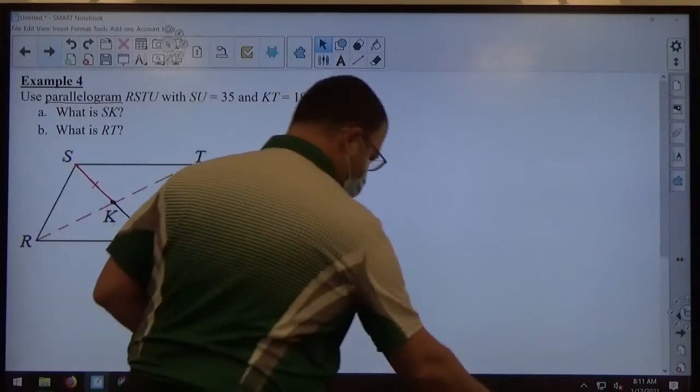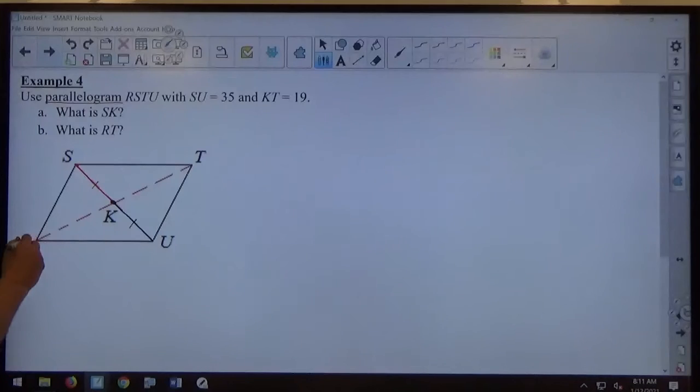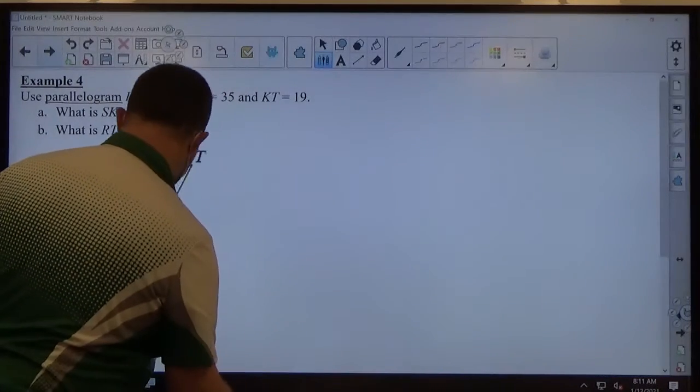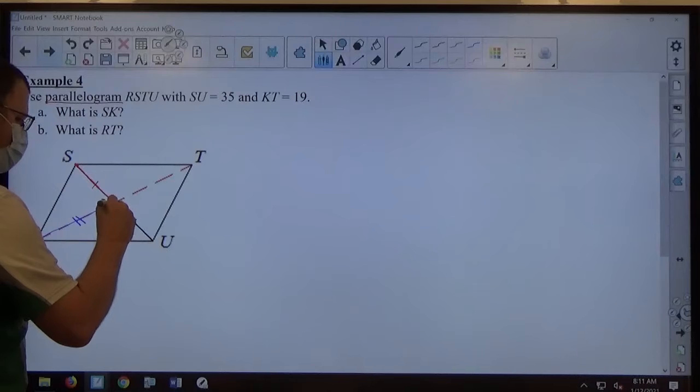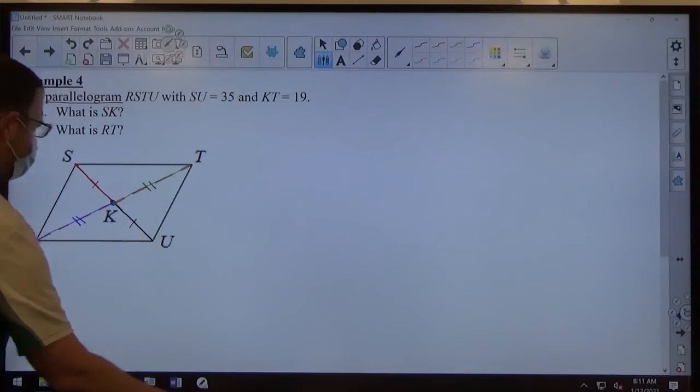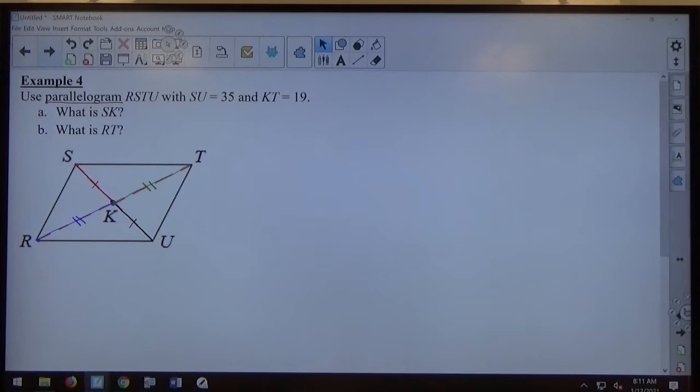So similarly, this piece here is going to be the same length as this piece here. So we know that to be true, even before they give us any numbers whatsoever.